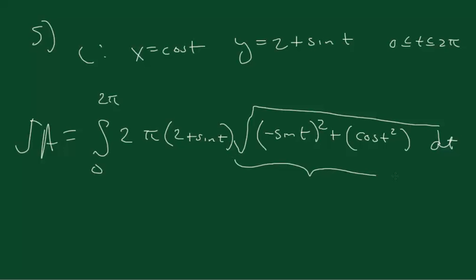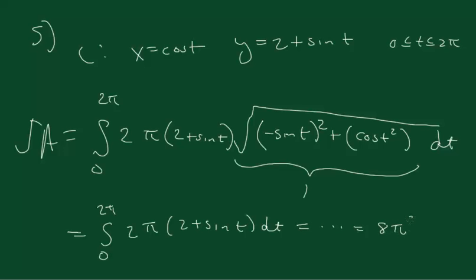So this radical here, because of the identity, equals 1. So we're left with the integral from 0 to 2 pi of 2 pi times (2 plus sine t) dt. Work that out, and it comes out nicely. You can do it by hand: 8 pi squared.